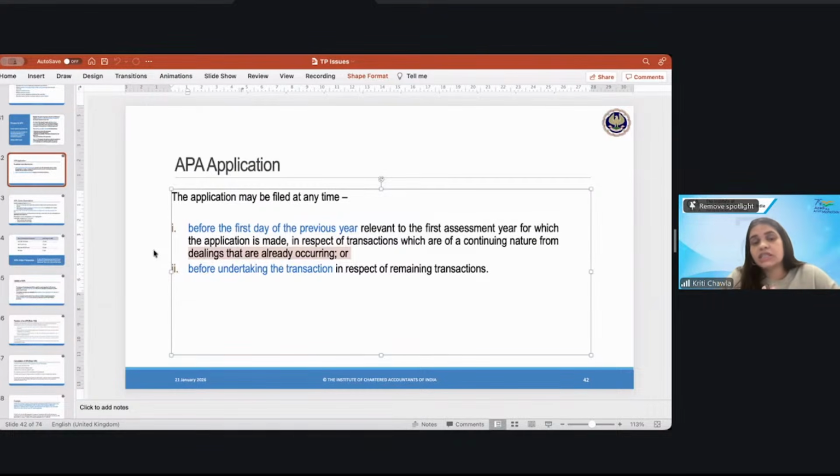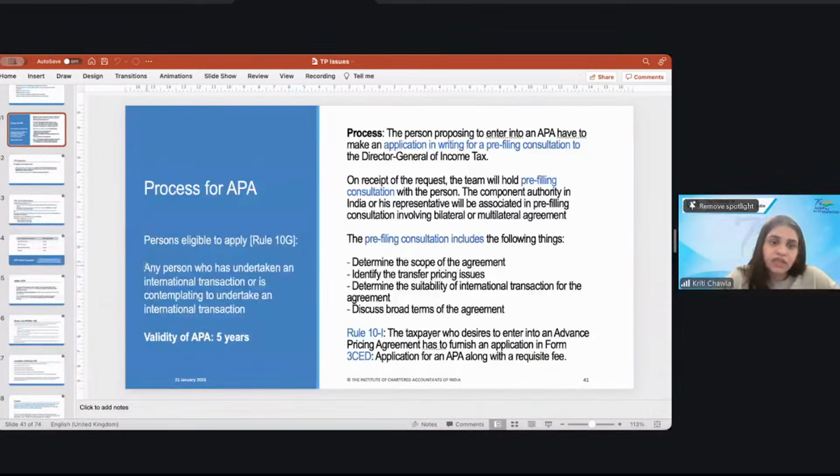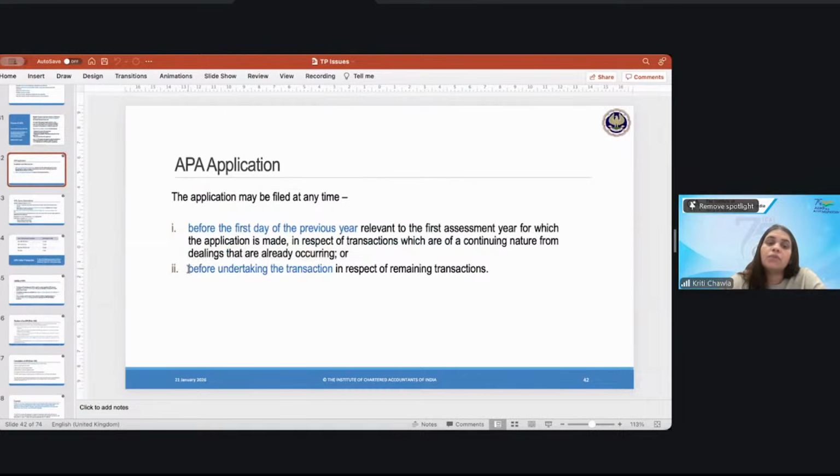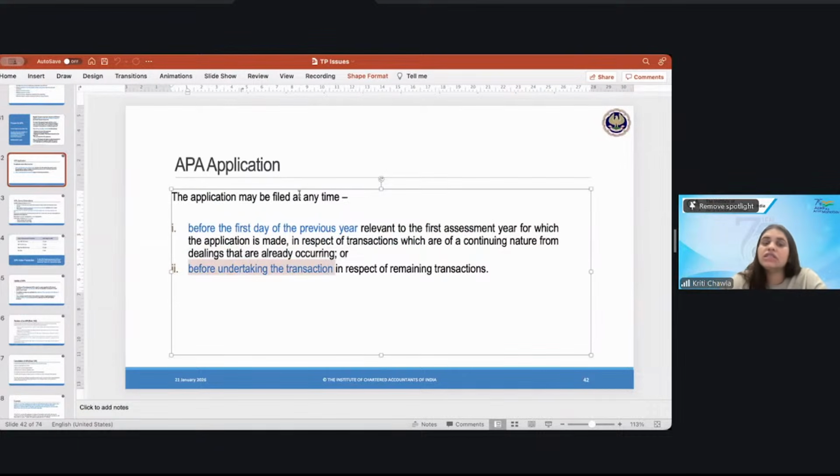So this is the reason they have mentioned before undertaking that kind of transaction. Any person who has undertaken an international transaction, or is contemplating to undertake a transaction. So for contemplating to undertake that transaction, they have mentioned before undertaking that transaction. This is what it's going to be applicable for. Does it make sense?